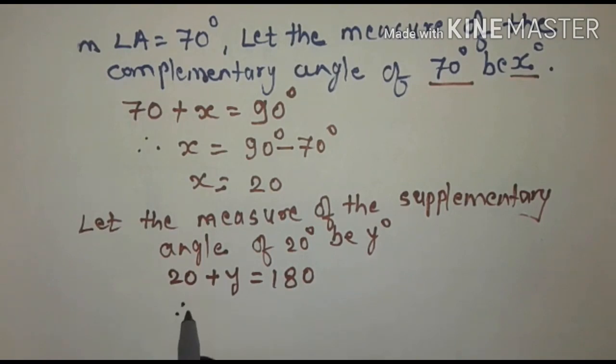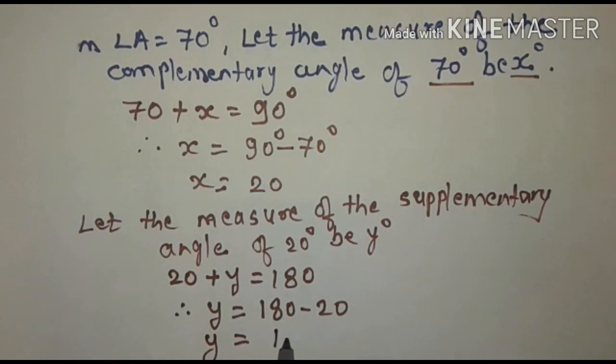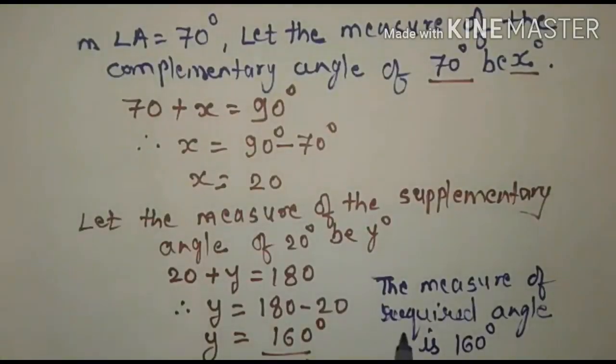Now find the value of y. y is equal to 180, transpose this 20 to the other side. This is positive, this will become negative. So the value of y is equal to 160 degree. Therefore the measure of the required angle is 160 degree.